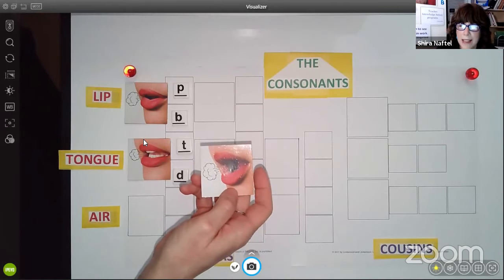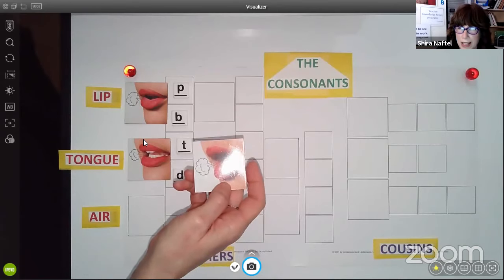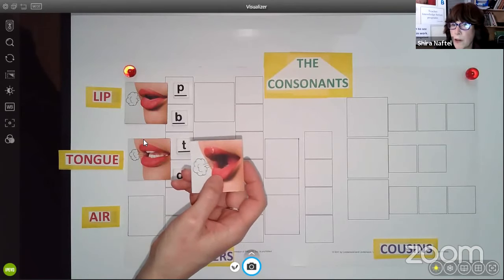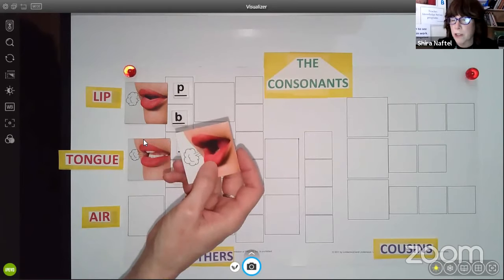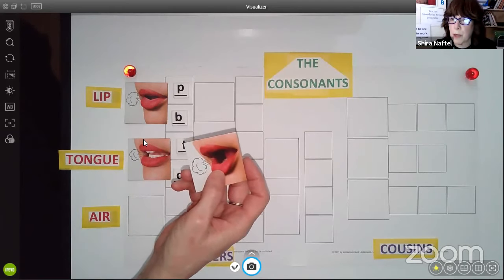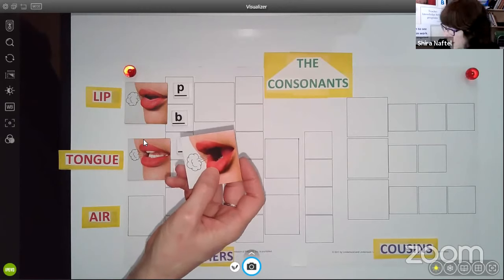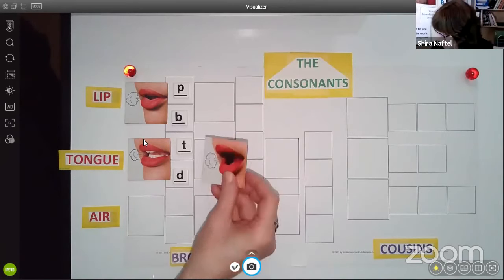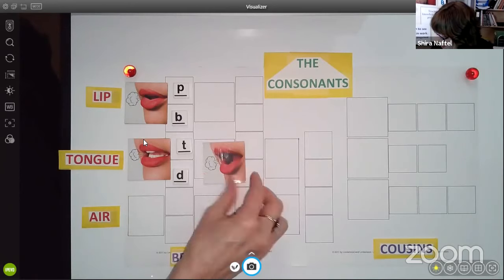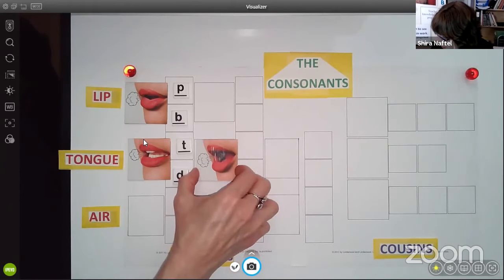That's very good thinking, very wise. But we're going to focus on its main feature. If I would ask you again, your tongue or your lips, what are working, what would you say? Definitely my tongue. Okay, very good. So I'm going to put it here. So we've got now 2 in the tongue row.